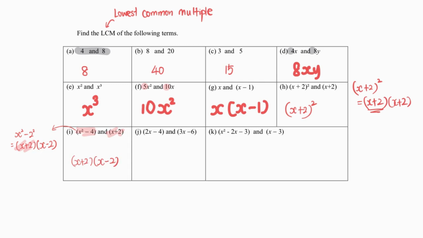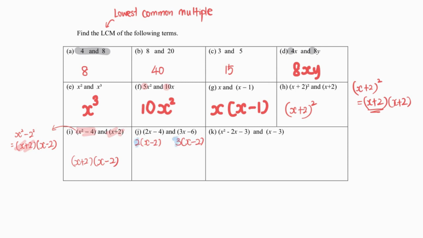And when we look at this, we also again make sure that we take out all the common factor. This will be 2 times x minus 2. This will be 3 times x minus 2. And therefore, we first look at the number first. 2 and 3.